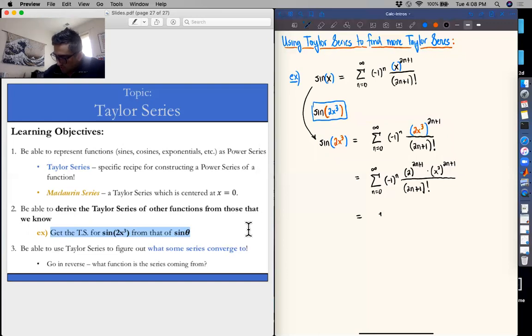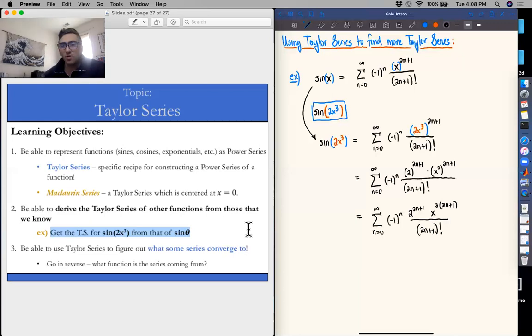All right, so let's continue with some of this algebra here. We still have that minus 1 to the n. We can leave that as 2 to the 2n plus 1 power. And now we have this x cubed all raised to the 2n plus 1 power. We could rewrite this as x to the quantity 3 times 2n plus 1 power, all over 2n plus 1 factorial.